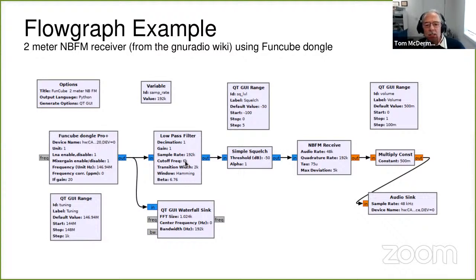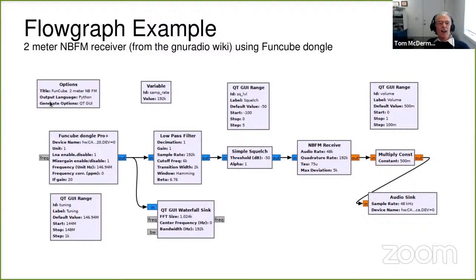In this case, the filter is 6 kilohertz wide. So that'll go from 6 kilohertz below the channel to 6 kilohertz above the channel. So 12 kilohertz width with 2 kilohertz slopes. You run that into a squelch. You run that into an FM discriminator. It's called a narrowband FM receive. It's actually a quadrature demod. You go into a volume control and then the audio card on your computer.